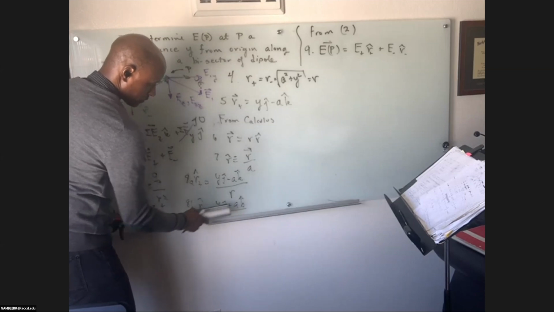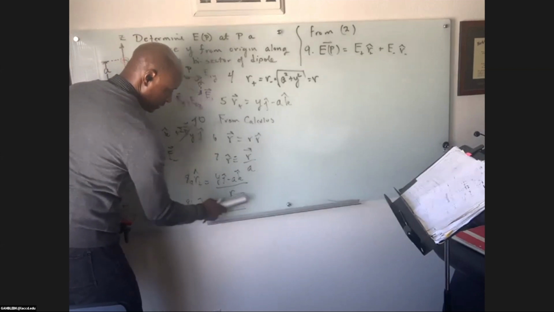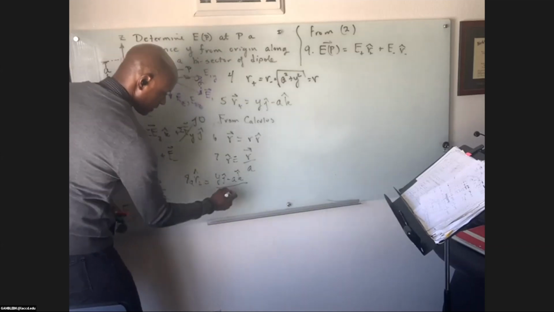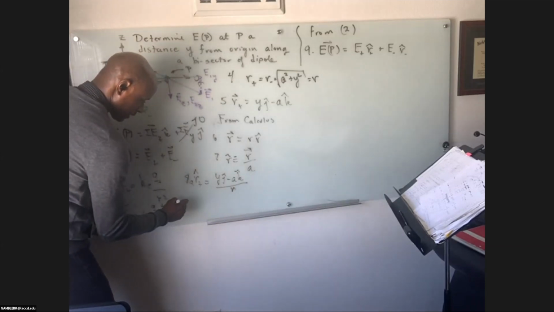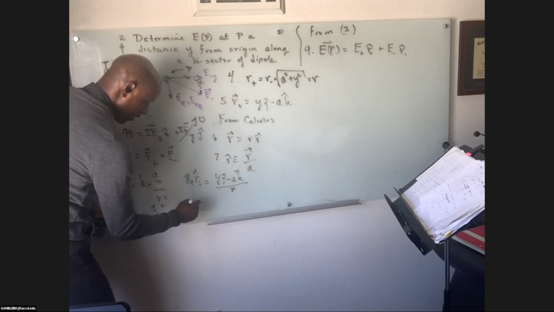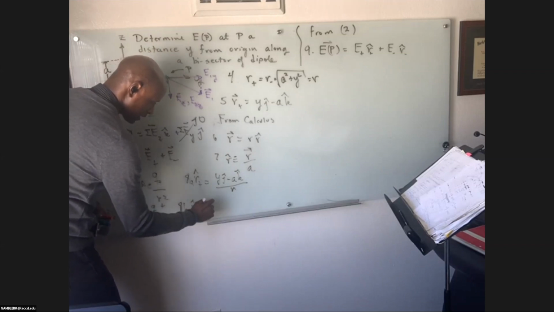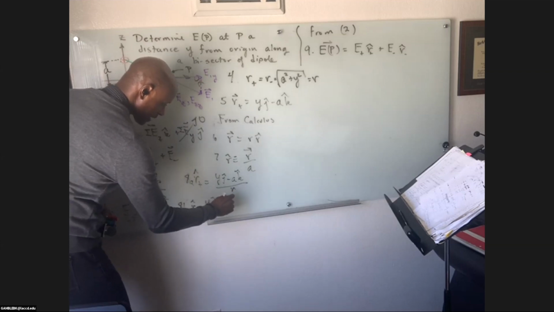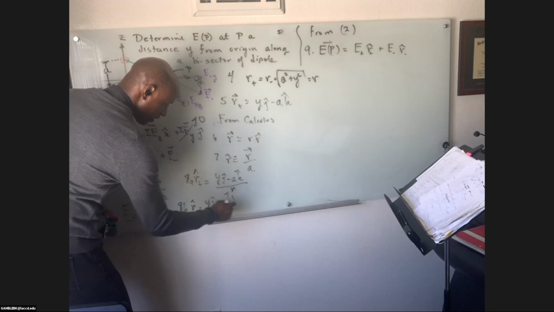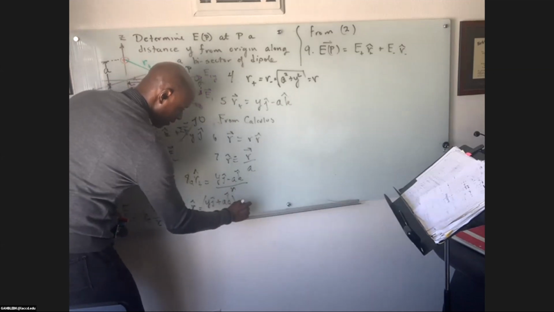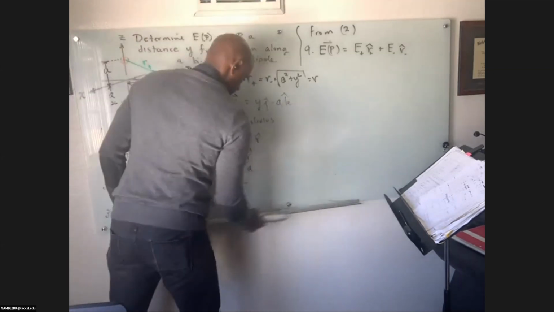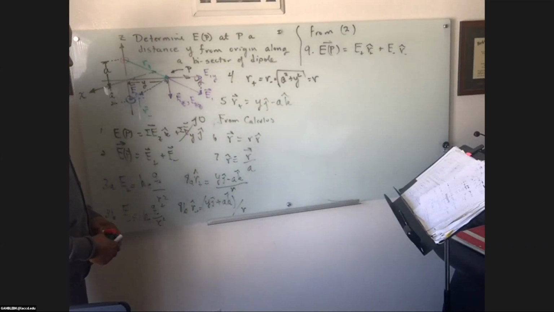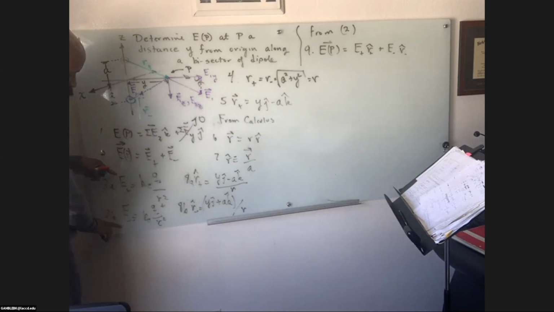Again, I'm running out of space here, but I want to keep this down here to keep the symmetry. So 8B is R hat negative equal to Y j hat plus, this is a minus times a minus, A times k hat, all of that divided by R. So I have the magnitudes of E plus and E negative.